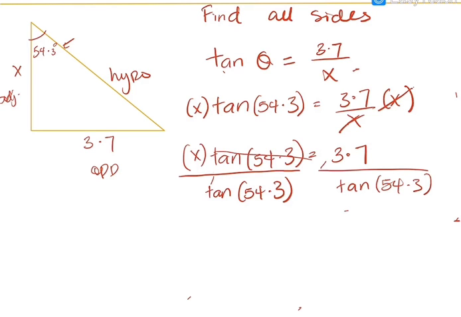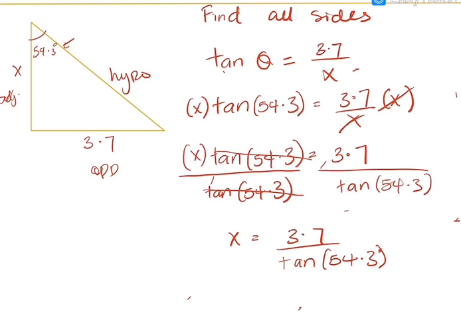And what's going to happen is this is going to cancel this out. So we're going to be left with x equals 3.7 over tan 54.3.